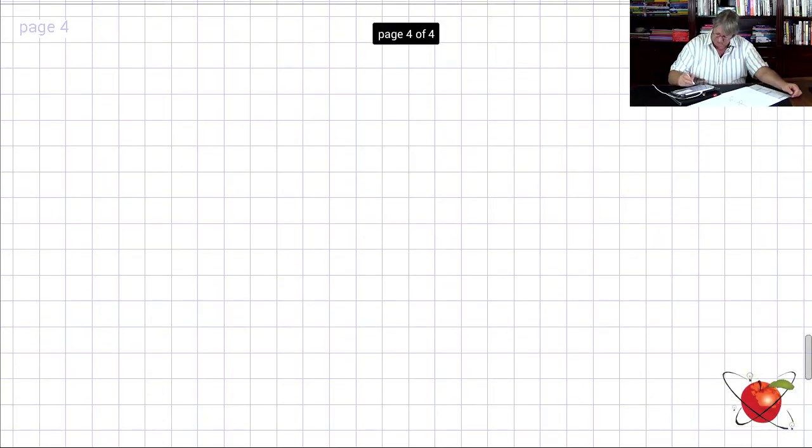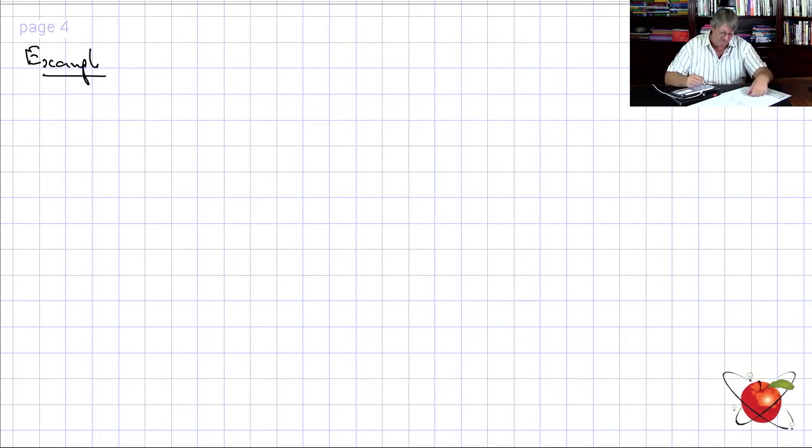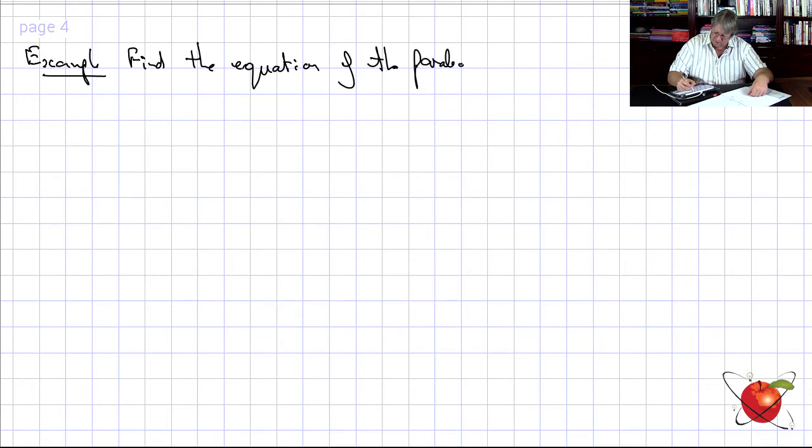Let's have a look. Example. Find the equation of the parabola. Whoops, hang on, stop.